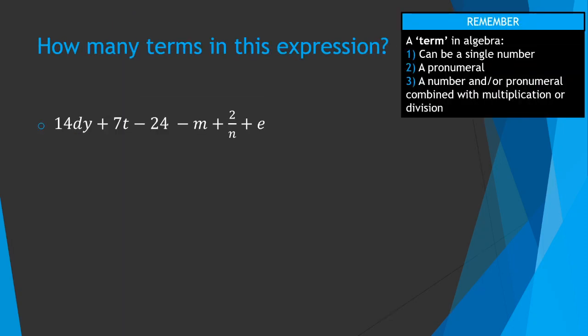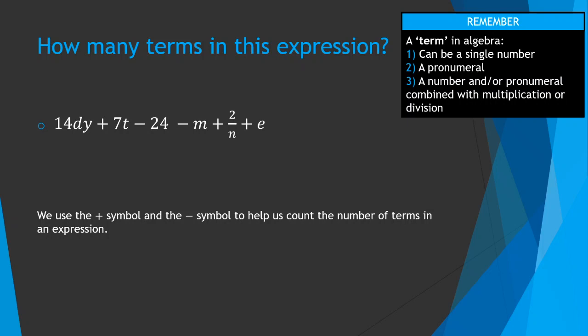So let's use our knowledge of what a term is to count how many there are in this expression. And I'll go through the definition of an expression in the next slide. To count how many terms there are, we use the plus and the minus symbol. And between every plus and minus is another term. So you can see here that until we see a plus sign, we've got 14dy, and that's the third type of term.